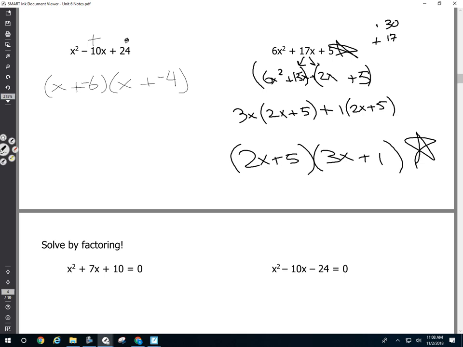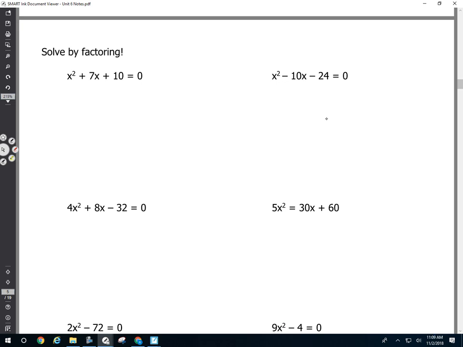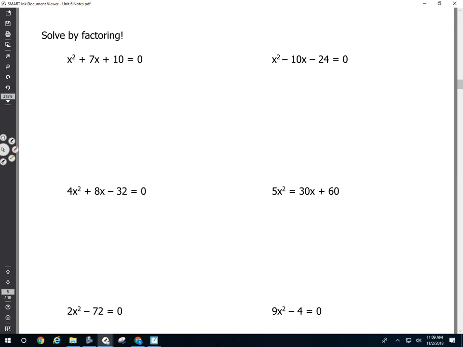Okay. We are now ready to solve quadratic equations. Before we go, tell your neighbors, what is the key to solving a quadratic equation where you have x squareds and x's? Discuss. What is the key?